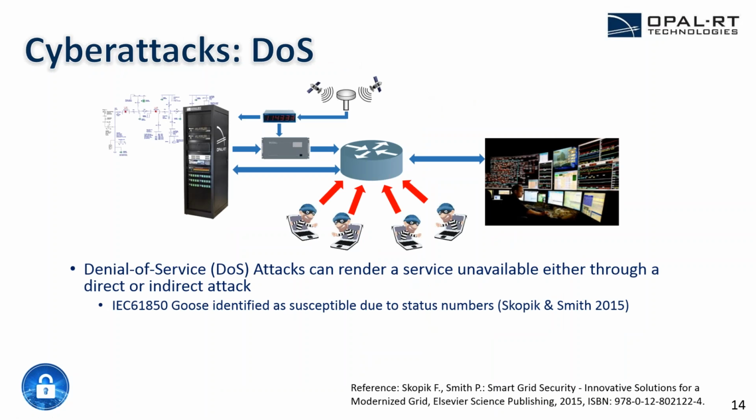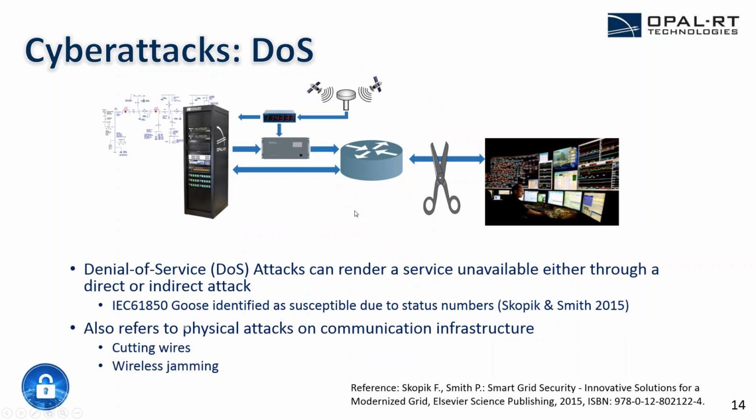You could have viruses planted by hackers that essentially bombard a communication point and render services unavailable through it. And in fact, there's a well-known communication protocol that has been identified as being susceptible to such an attack. It doesn't just refer to that scenario though, it also refers to a physical attack. So wires being cut, potentially wireless jamming.